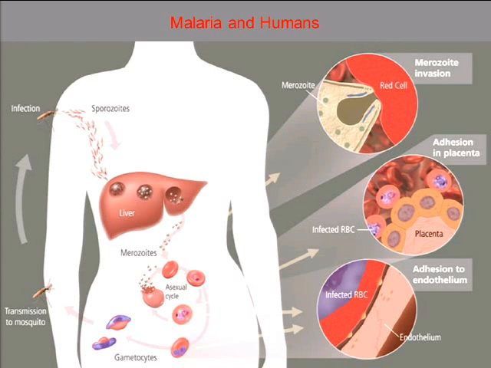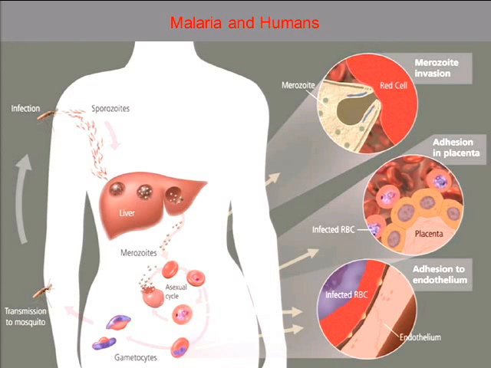Okay, so within 30 minutes they infect the hepatocytes in the liver, where they replicate and mature for a period of 6 to 15 days. They like hepatocytes, that's where they replicate and they mature over a period of about 6 to 15 days.